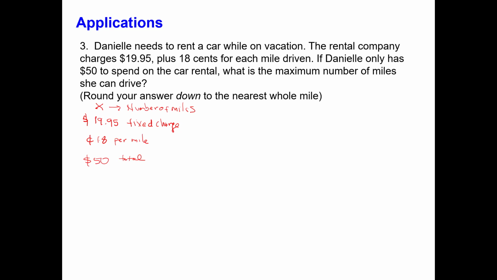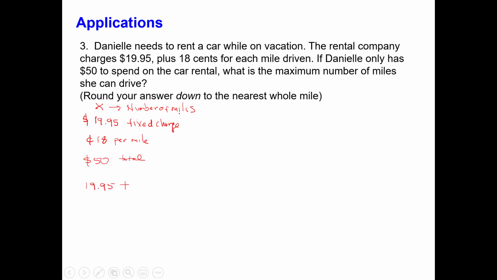Now we need to write the equation using the information we have. If we add the fixed charge, 19.95, plus how much Daniel needs to pay for each additional mile, she needs to pay 18 cents for each mile.